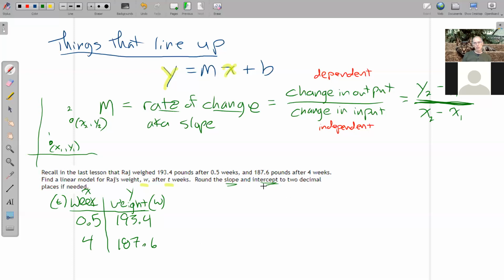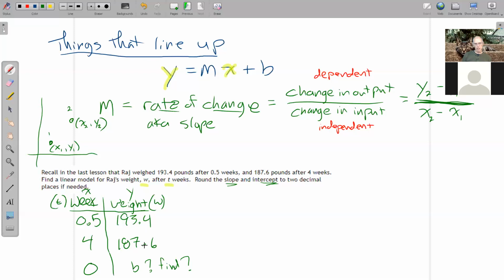Now, sometimes the intercept is just given to us, and in our table, if we happen to have a 0 in the independent input column, then whatever comes over here is our value for b, but we weren't given that. So we're gonna have to find this later. But we can get the slope right away because we have enough information.